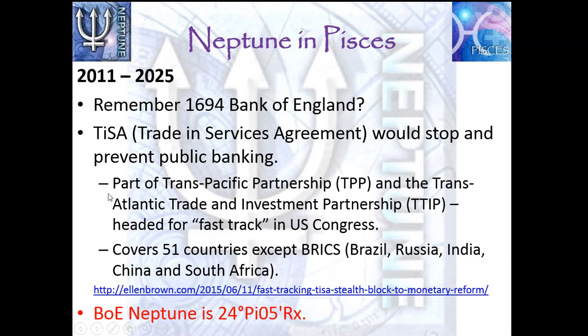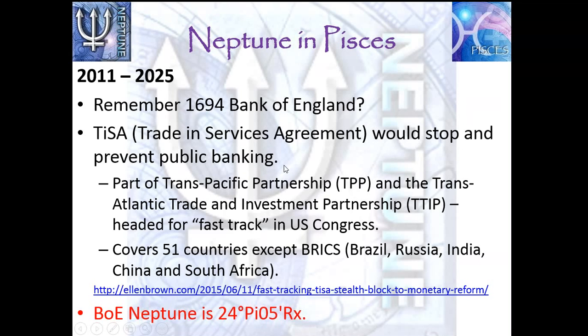Basically, it's coming down to a grassroots movement of the masses waking up and going, wait a minute, this is going to hurt jobs. Well, this TISA, Trade and Services Agreement, is tucked into these. And it basically would try to stop and prevent any more public banking.